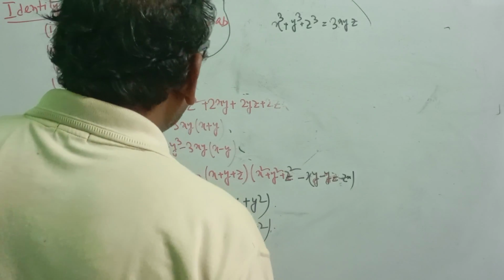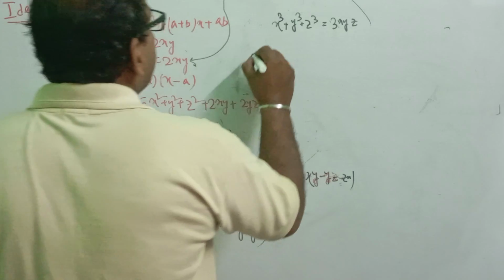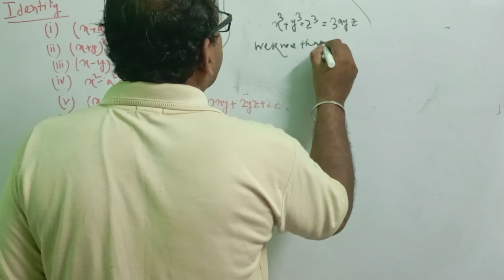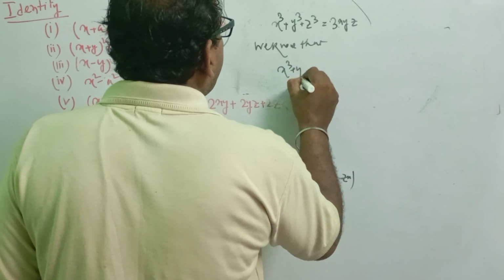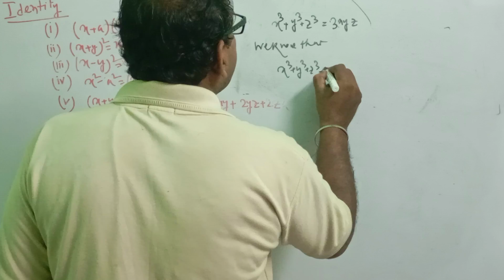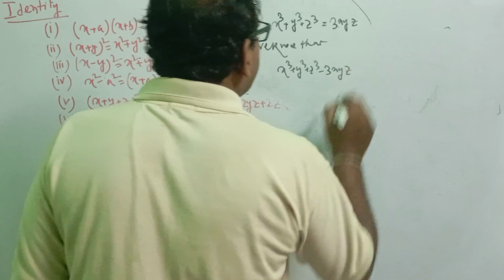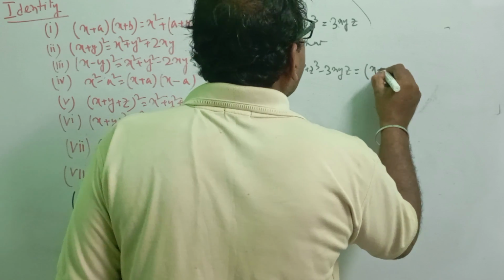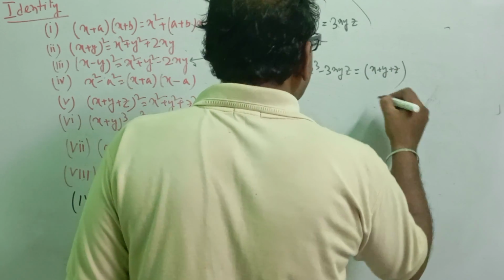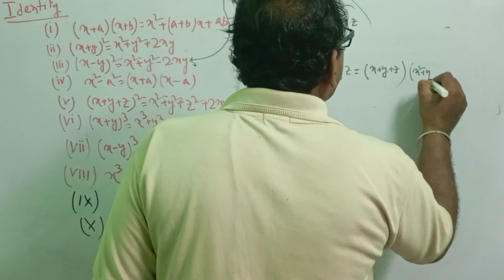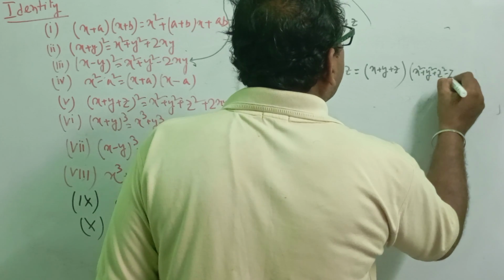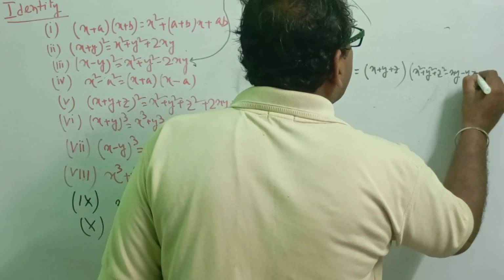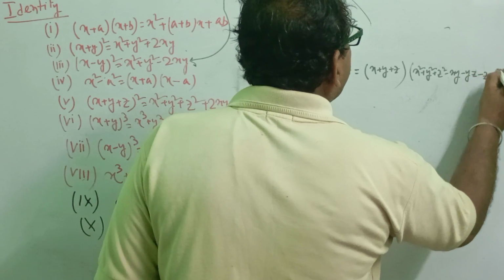Then what do we do? Write that we know that x cube plus y cube plus z cube minus 3xyz is equal to x plus y plus z into x square plus y square plus z square minus xy minus yz minus zx.